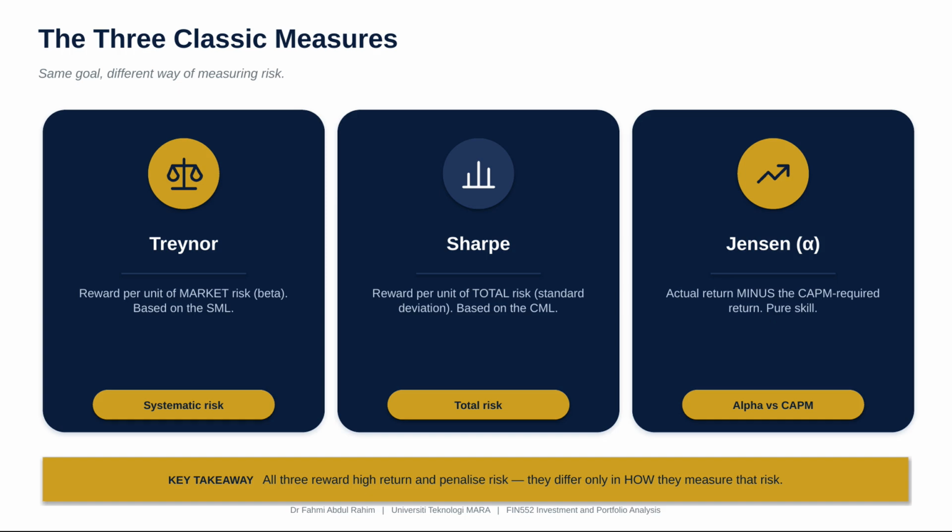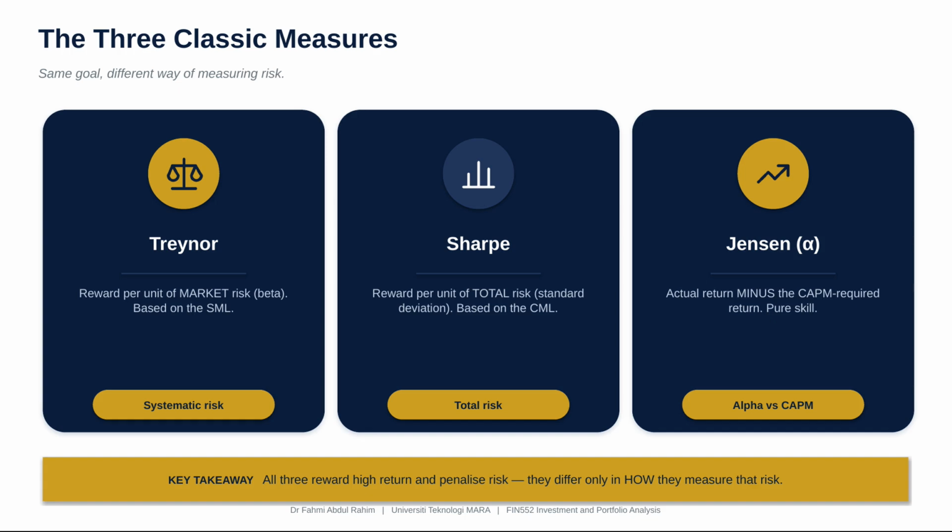The second, Sharpe, measures reward per unit of total risk, that is the standard deviation, and it is based on the capital market line. It uses total risk. The third, Jensen's alpha, is a little different in form. It is the actual return minus the return the CAPM required, which isolates pure manager skill, the value added above the benchmark.